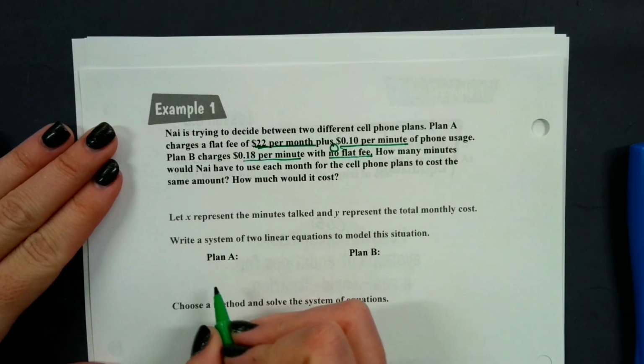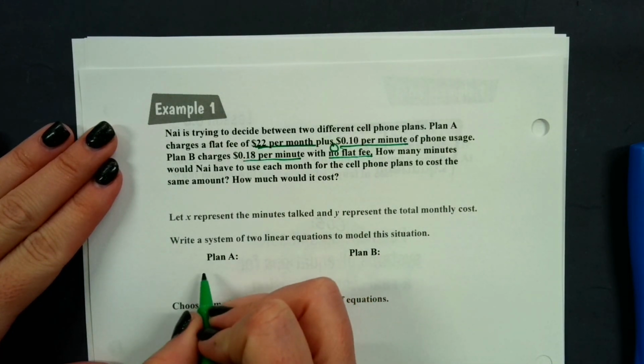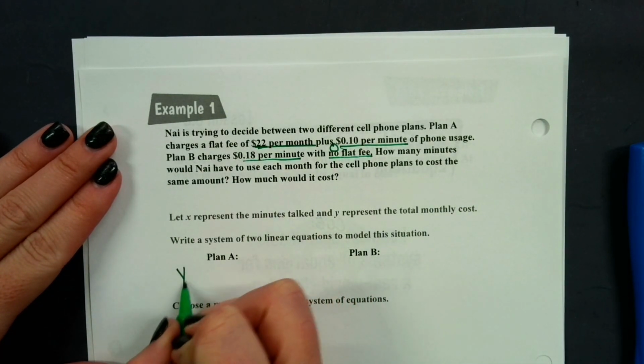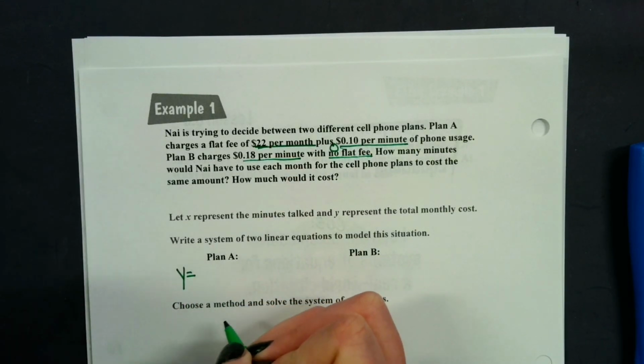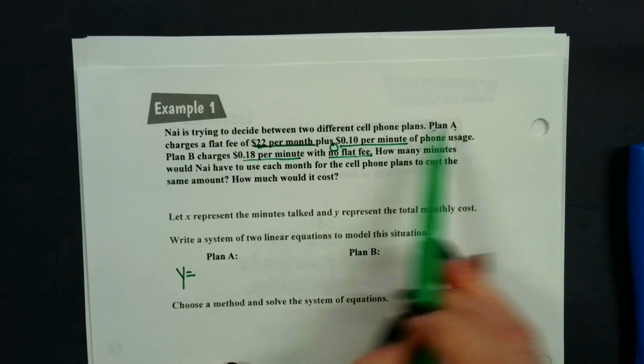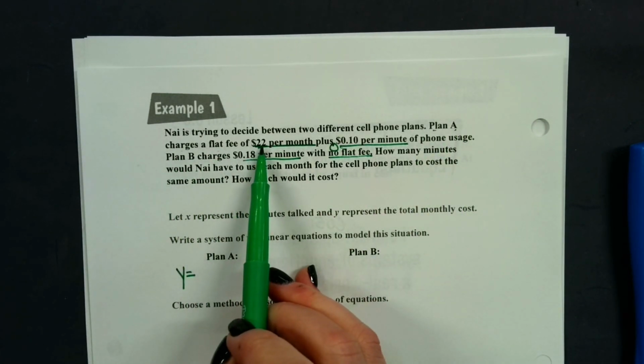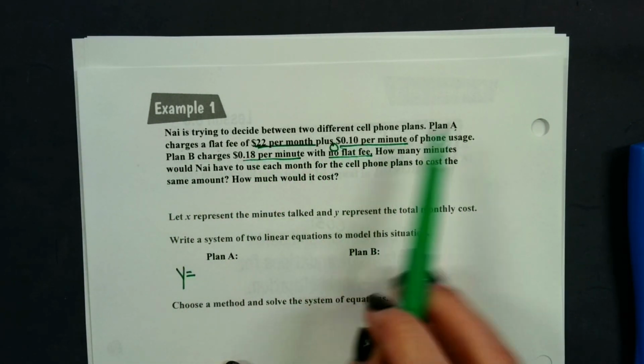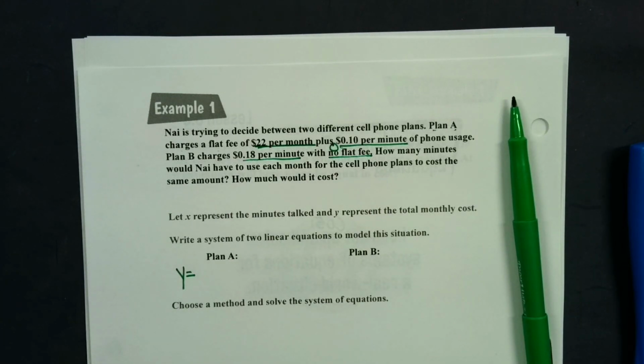So what we're going to do is we're going to first write equations for this. Plan A, y equals. Looking at Plan A right here, Plan A charges a flat fee of $20 and 10 cents per minute. What is causing that cell phone plan to change the amount it owes? What's happening? How does their bill get more expensive on Plan A?